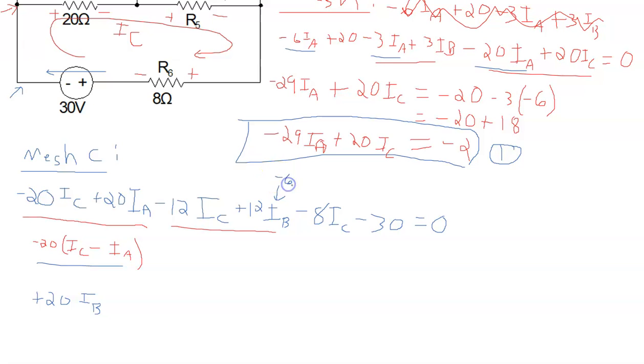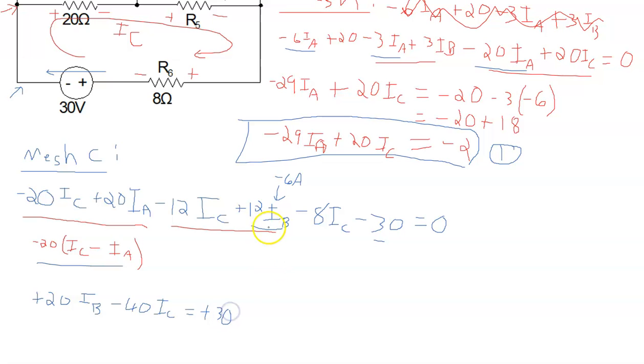So that becomes a constant because we know what that term is. There's three terms with IC in it, minus 20, minus 12, and minus 8. So we have minus 40 times IC is equal to, we're going to take our 30, bring it across the equal sign, we got plus 30.